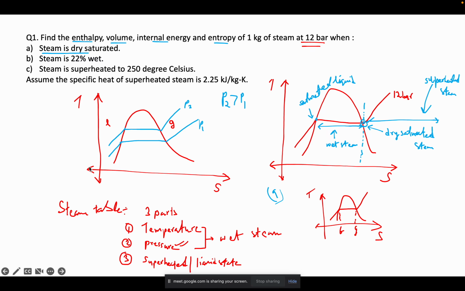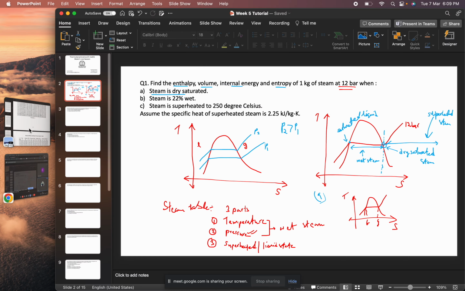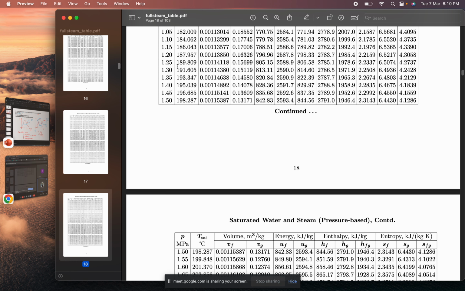For 1.2, this is your vf and this is your vg. Then this is your uf and this is your ug, this is your hf, this is your hg, and this is your hfg, that is hg minus hf. Then this is your sf, this is your sg, and this is sfg, sg minus sf. So we are focusing on the values for 1.2.